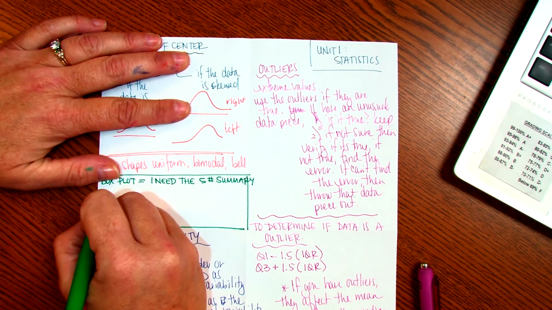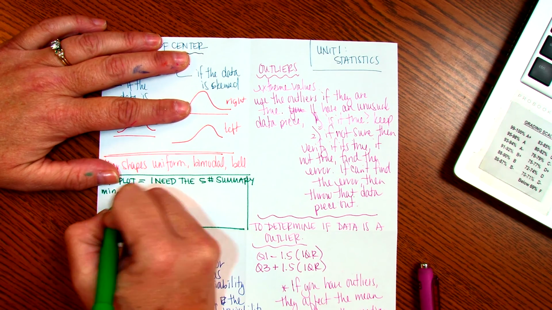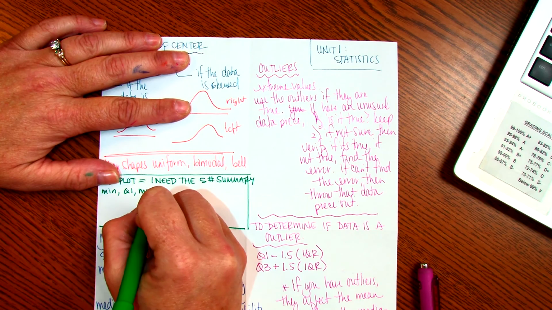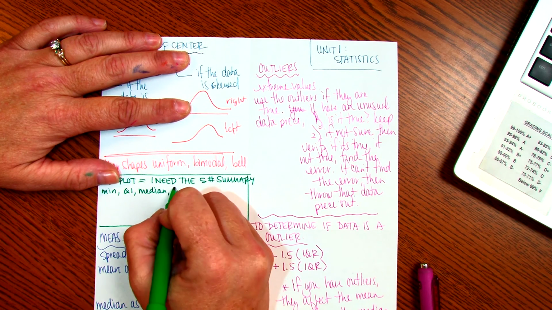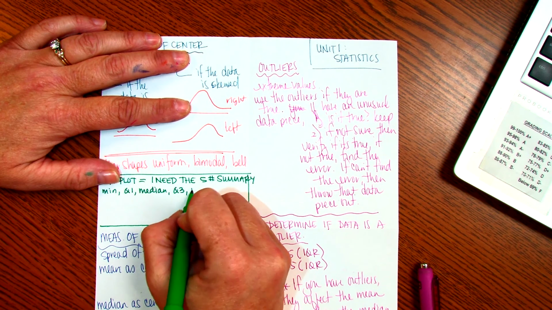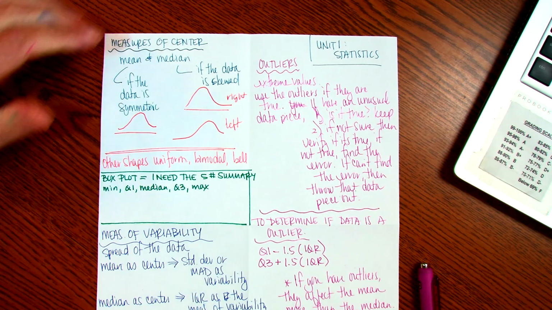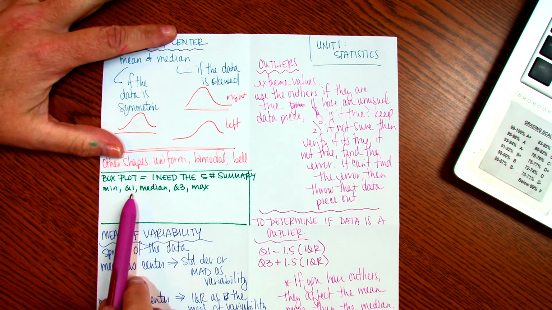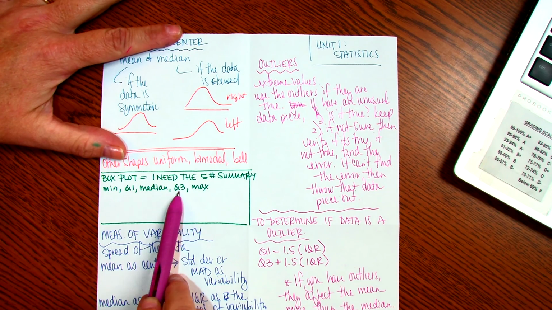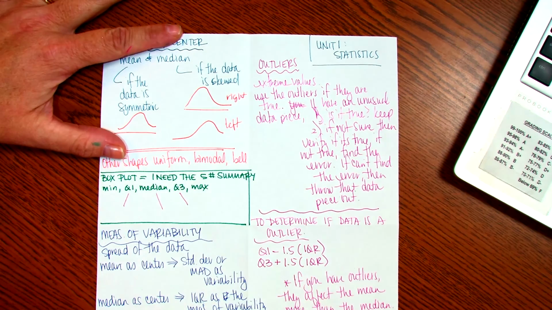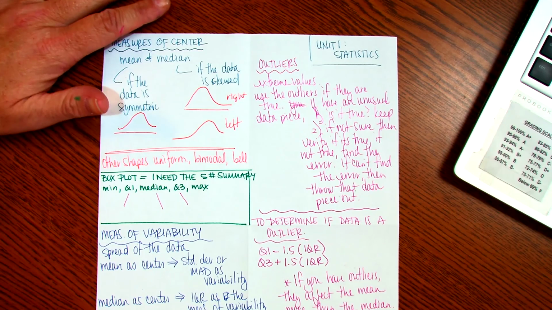The 5-number summary was the minimum, quartile 1, median, quartile 3, and then the max. So maybe if you do not understand what quartile 1 is, median, or quartile 3, you're going to have to branch off and do some other little descriptors of that.